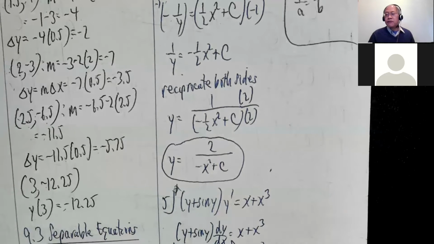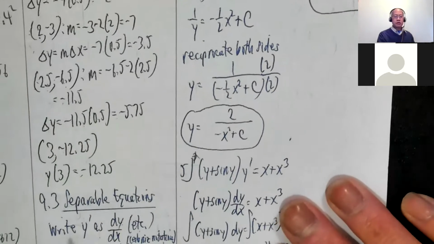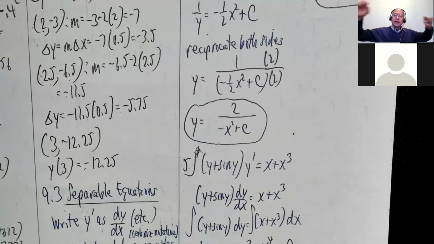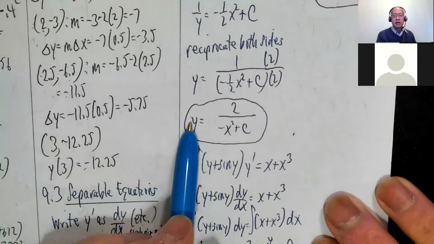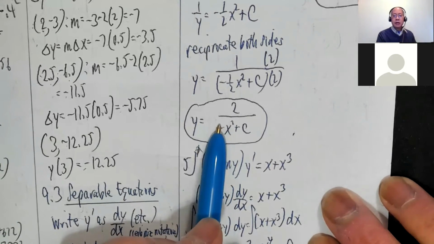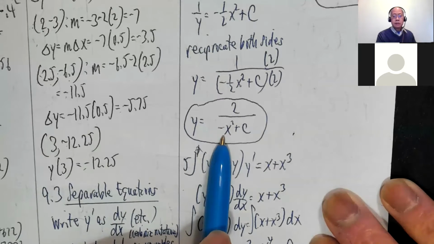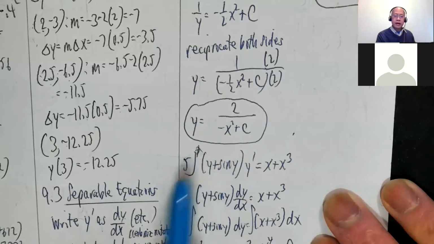So what we're doing is making our first attempt at solving a differential equation. Okay? So if we have separable equations, if we can separate the x and the y, some of you might look at this and say, okay, that wasn't that bad. Yeah, but very few differential equations are of this nature. If you were to take a course in differential equations, Math 275, you would not get a whole lot of these.